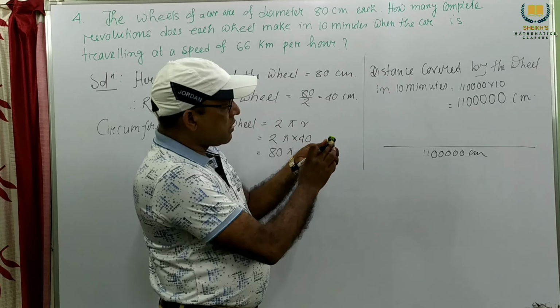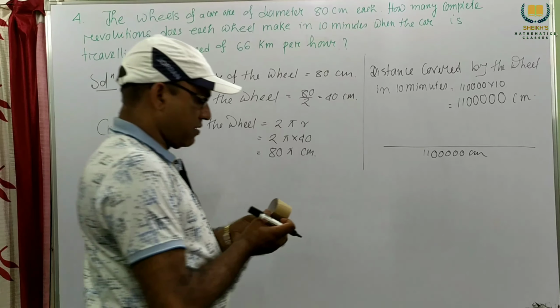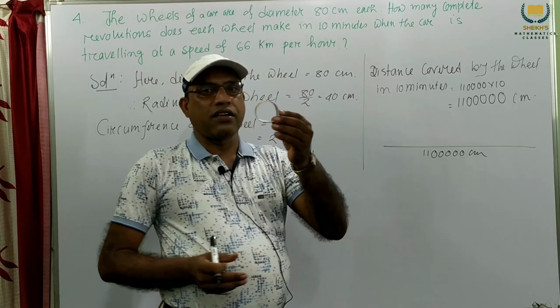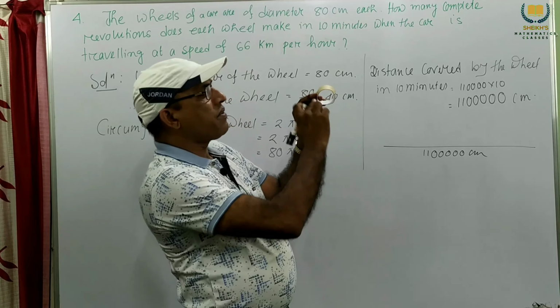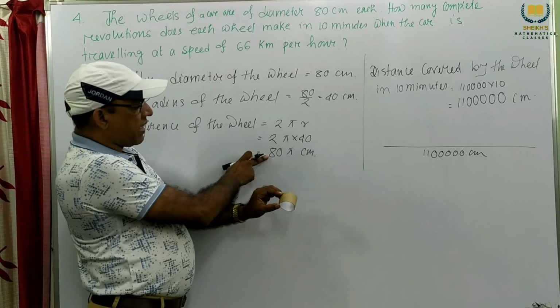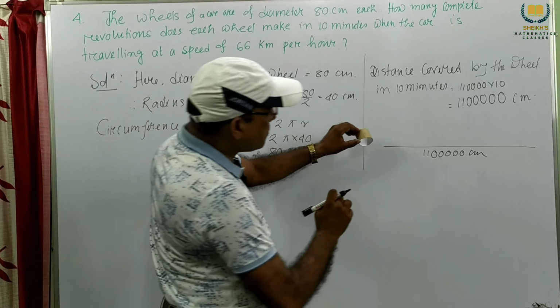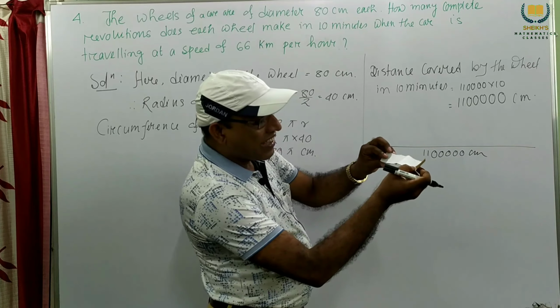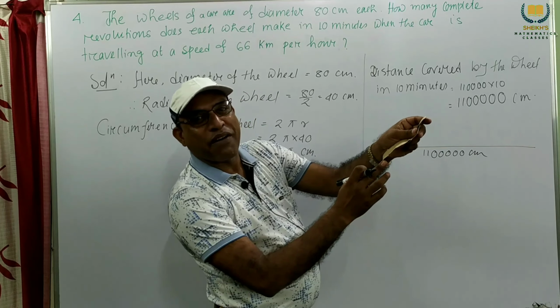Suppose we consider this is the wheel, and its circumference is 80 pi. This length is 80 pi. So if we take this in this way, then this length is 80 pi.